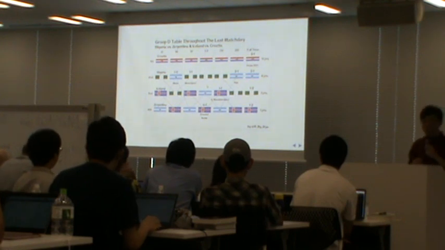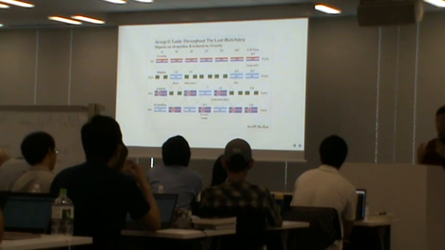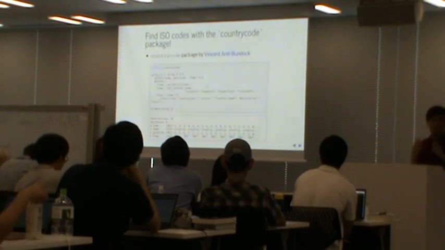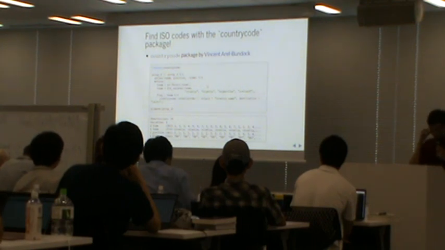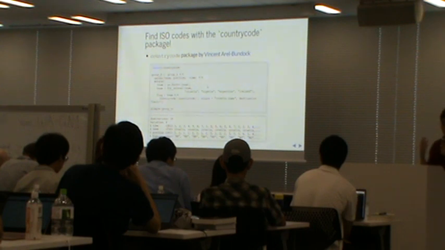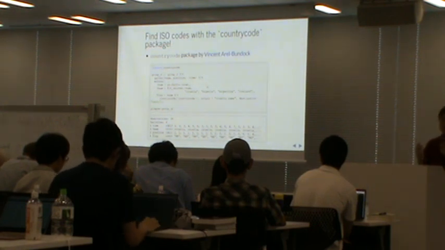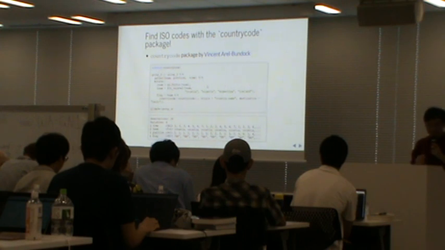So let me explain some of the more interesting bits of the code that I used to create these. The geom_flag function that shows the wonderful flags that you just saw requires a 2-digit ISO code as input. Now, I can Google the codes every time for every country, but that's kind of annoying. So what's the solution here? The solution is the countrycode package.